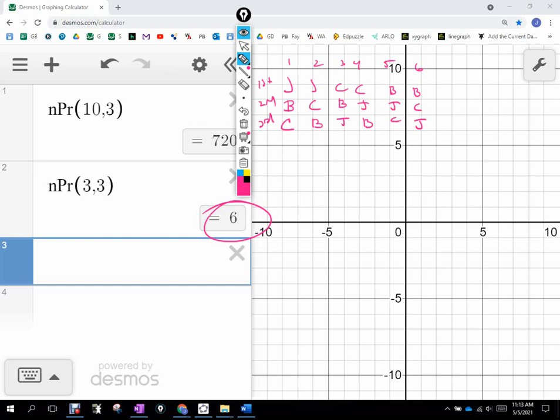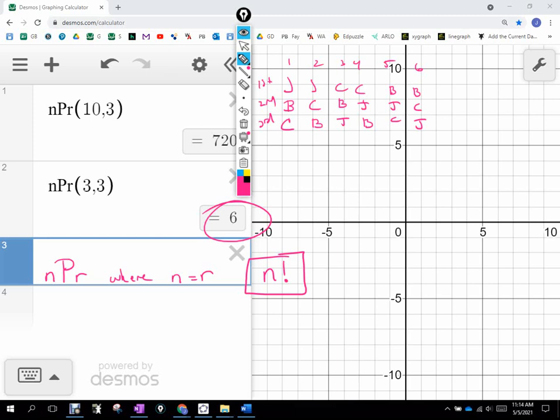What we find out is if you're going to do a permutation, so N choose R, or N permutation R, where N equals R, then n factorial is your answer.